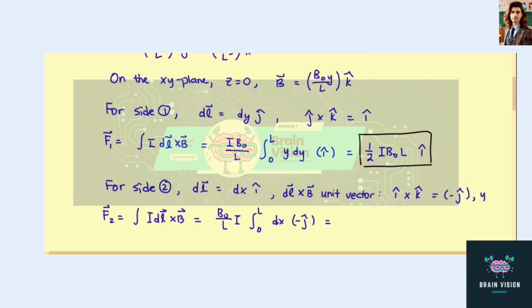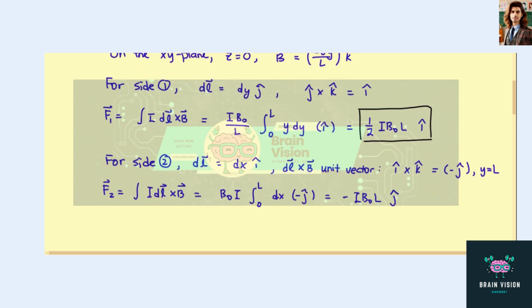Forgot to mention, y is equal to L, so there is actually no L term over here. Then you get minus I B naught L j hat. So this is F2, the top side.